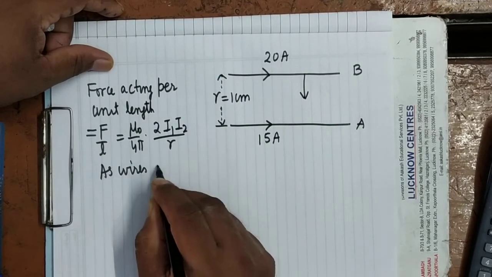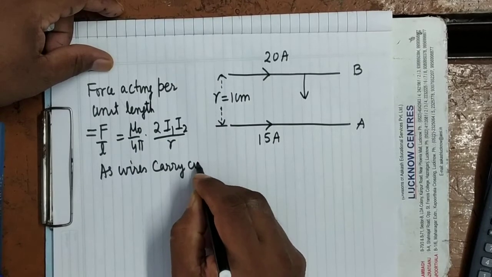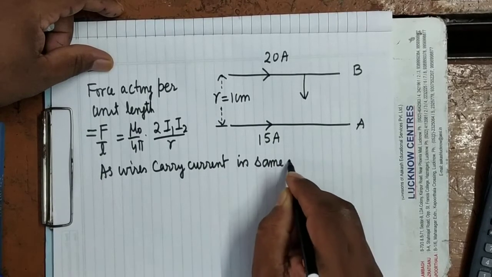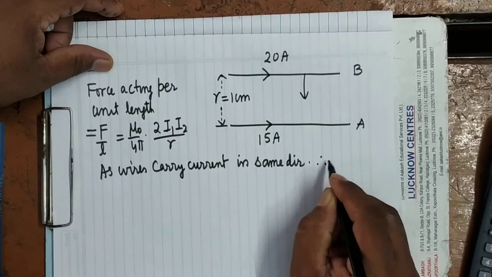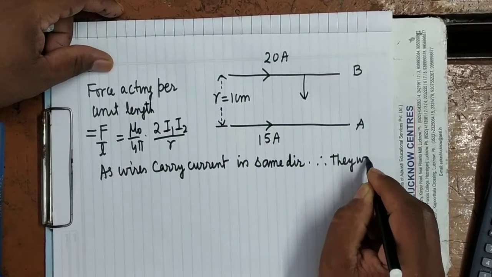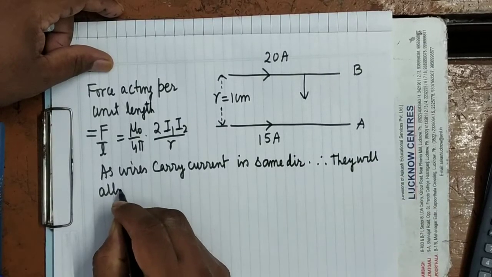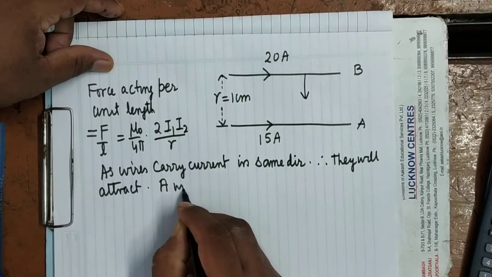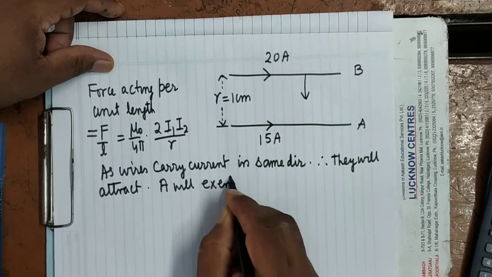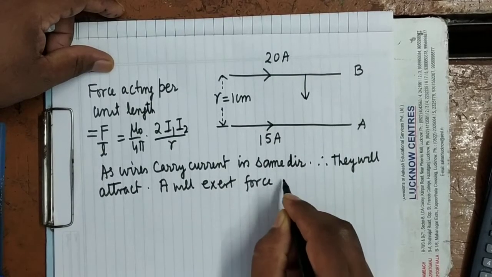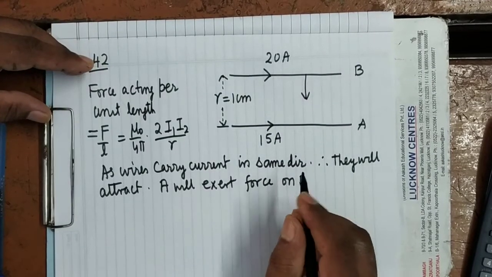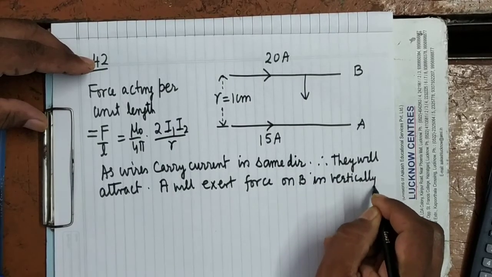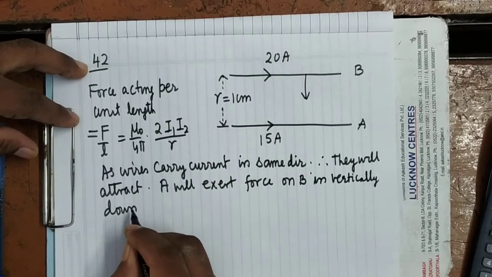Now see here, as wires carry current in the same direction, therefore they will attract, and when they attract, then force A will exert force on B in vertically downward direction, because then only it can attract.